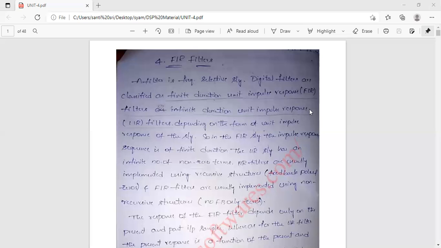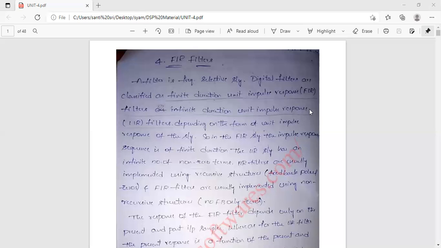So these filters are classified into FIR and IIR filters. FIR means finite duration unit impulse response filter, and infinite duration unit impulse response filter is the IIR filter. This depends upon the form of the unit impulse response of the system. In the FIR system, the impulse response is of finite duration.